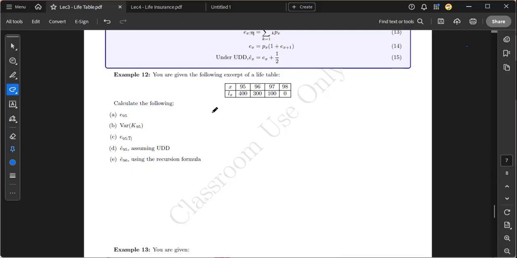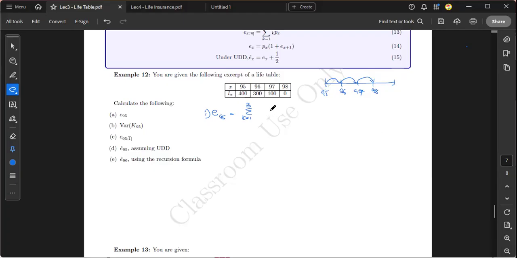That means the person is at 95 and k goes from 1 to infinity, but the infinity occurs at 98. So from 95 to 96, we have one jump. For 97, one more. And for 98, we have one more. So eventually we have three values, k is equal to 1, 2, and 3.